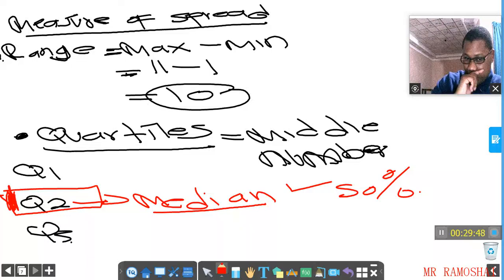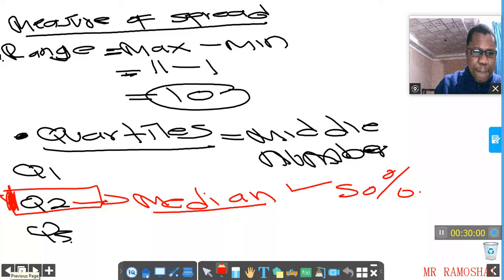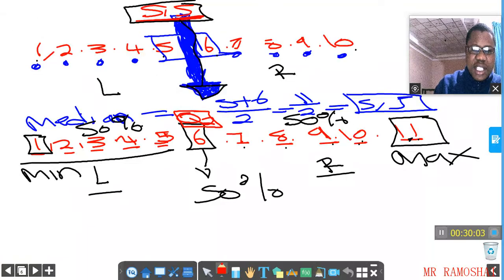So now, let's talk about quartile 1. I'm still going to use the same data. Remember we said this is 50%, this is 50%, right? So we have the first 50% and we have the second 50%, right?